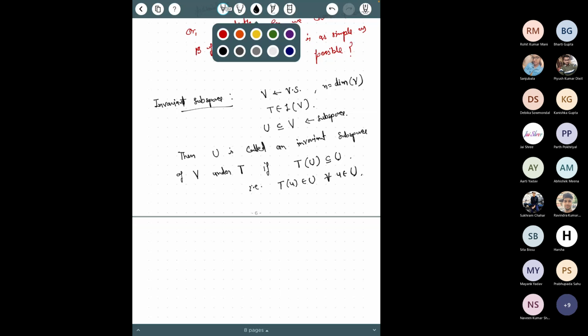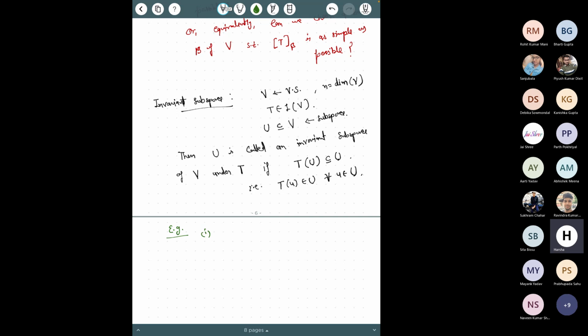Now let us quickly look at some examples of invariant subspaces. Suppose we have a vector space and T is a linear operator, then can you tell me quickly some examples of invariant subspaces? For example, null space, range space.